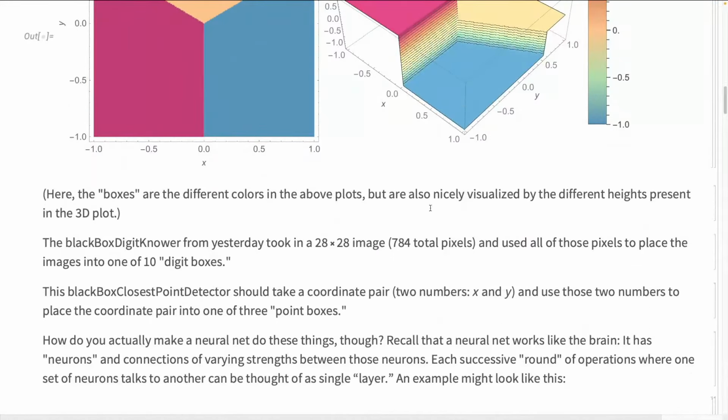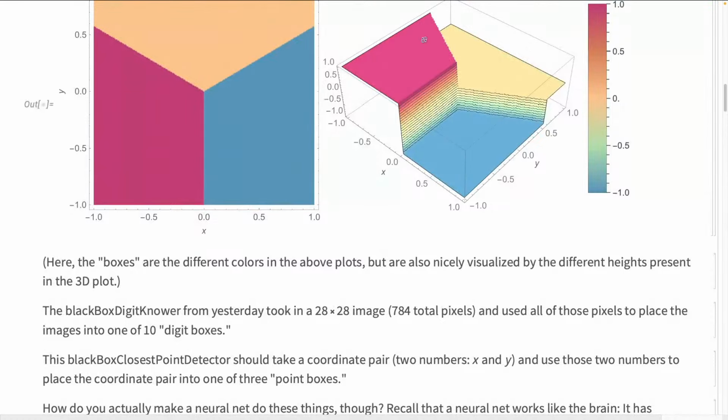So this thing is just taking one XY pair, whereas yesterday, the black box digit knower took in a 28 by 28 image, which is 784 total pixels. And it used all of those pixels to place images into one of 10 digit boxes. Again, here, we're just taking 2 data points, and we're going to use those to place our points into one of 3 height boxes, so to speak.